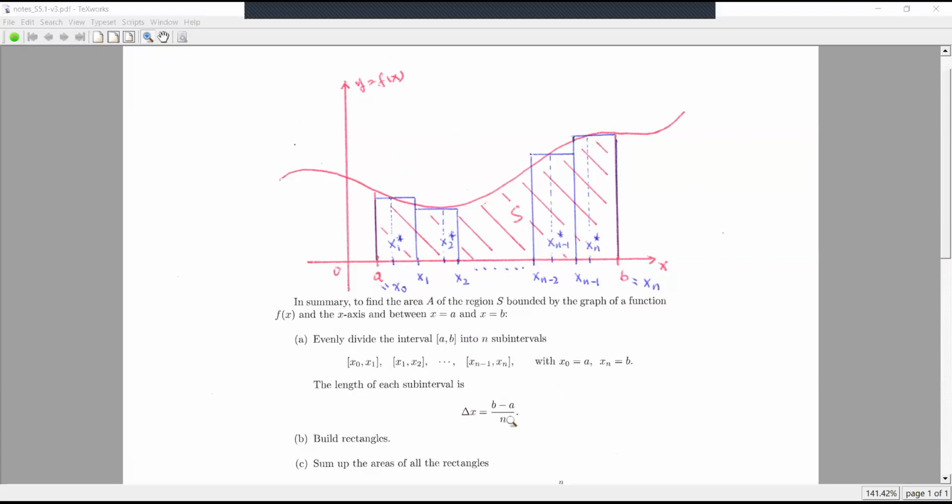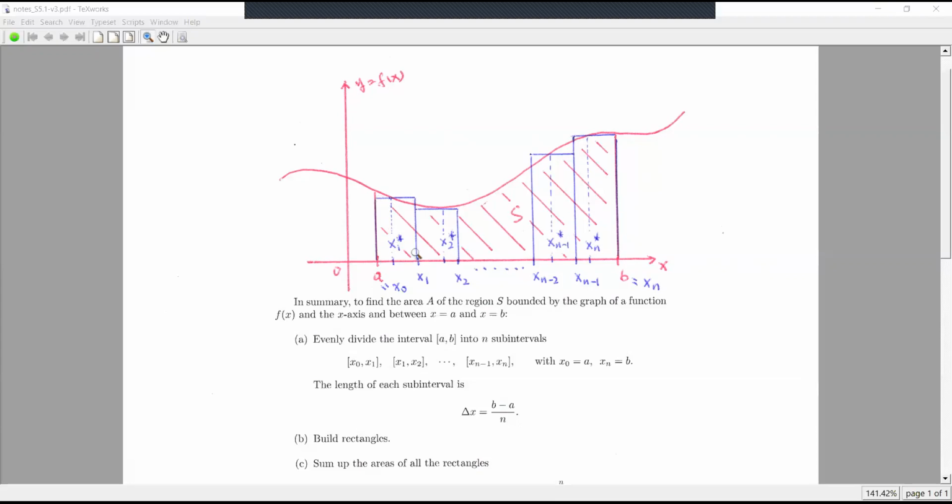Now after we cut the interval ab into n subintervals, step 2, build rectangles. To build one rectangle, we need a height for that rectangle. Let's consider the first subinterval. For the height of the rectangle, we can arbitrarily pick a point. Let me name the point x1 star and use the function value at x1 star as the height of the rectangle.